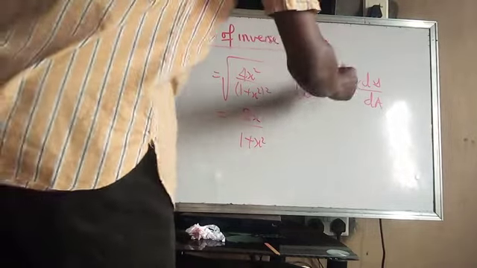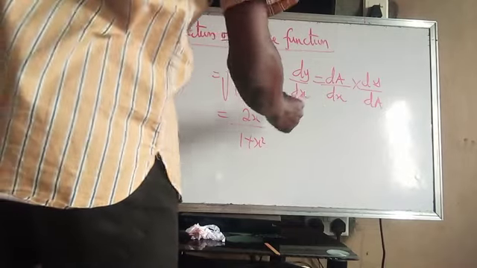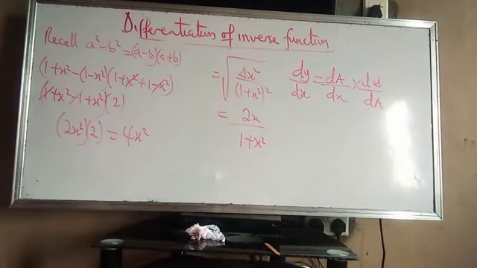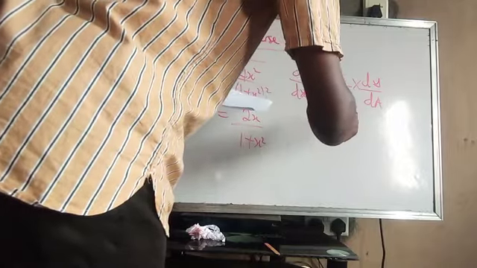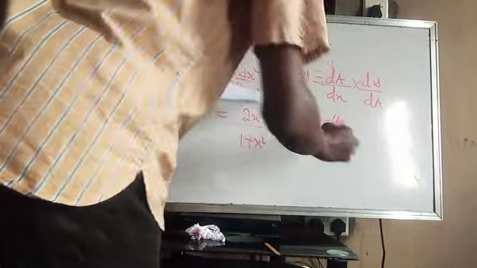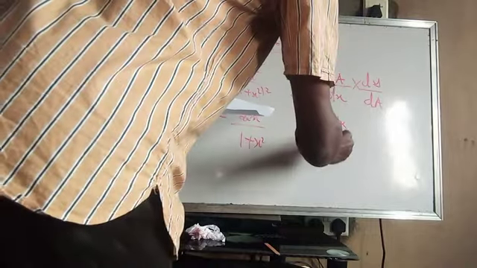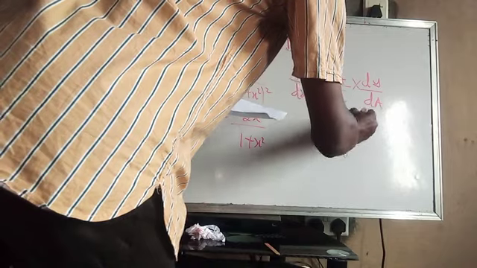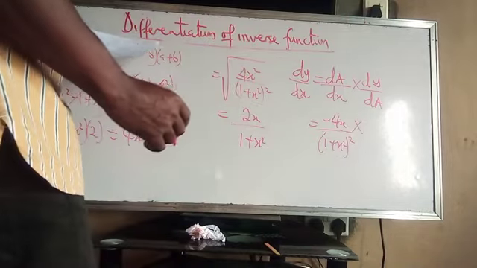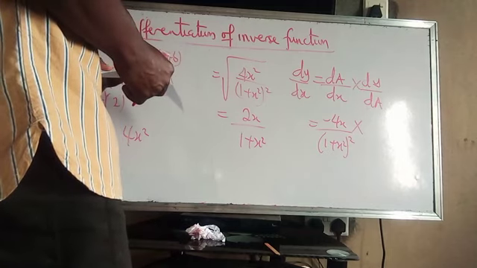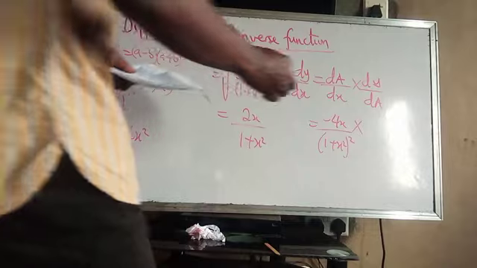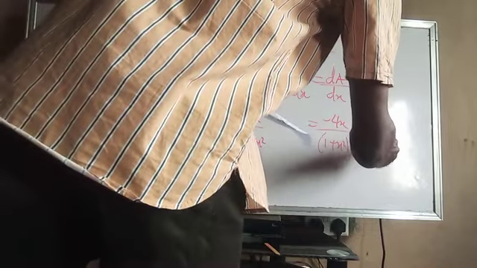Which implies that our da/dx was minus 4x all over, that's what we got before, 1 plus x squared all squared, multiplied by dy/da, which is 1 over cos y.